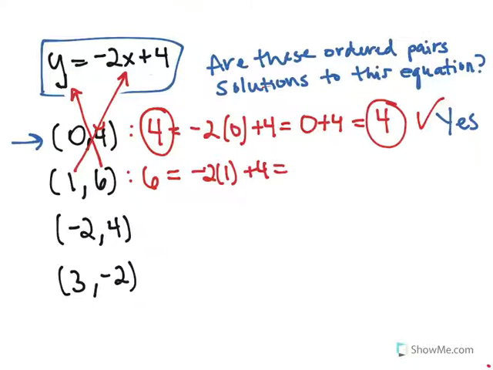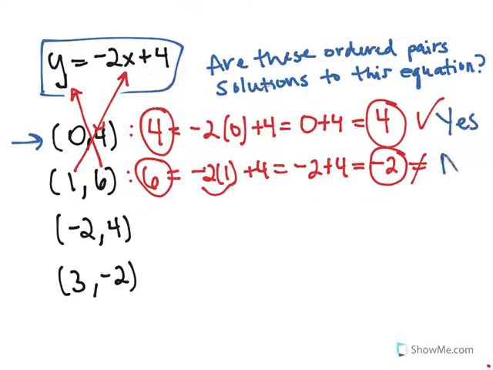Negative 2 times 1 is negative 2 plus 4 equals 2. 2 and 6 are not equal. So that means that this coordinate point is not a solution for this equation.